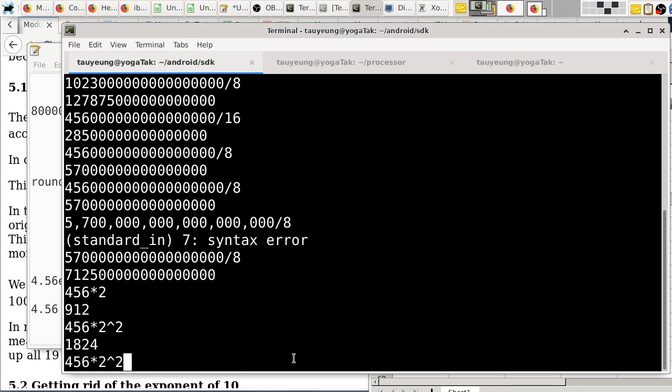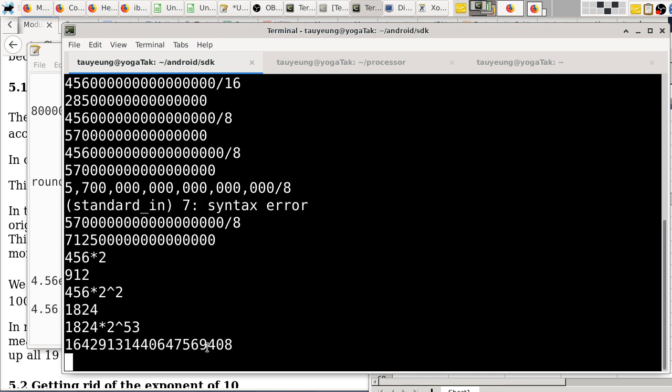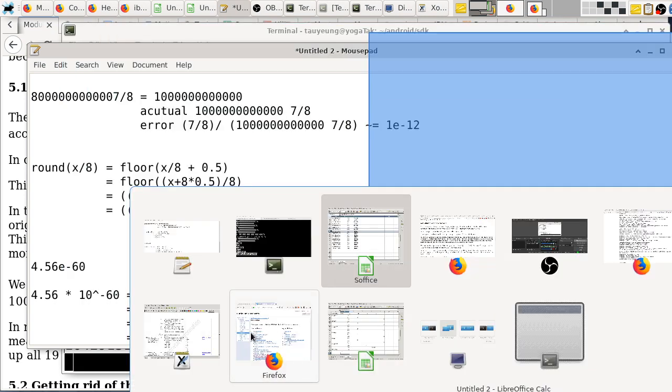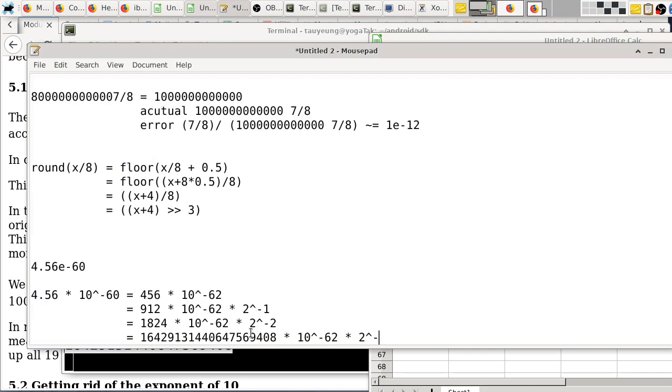Okay, so we basically just adjust this to 1024 times 2 to the power of 53, which is this number here, and Control-Shift copy and paste. Okay, and we still have that stupid 10 to the power of negative 62 here, and it is now 2 to the power of negative 55.